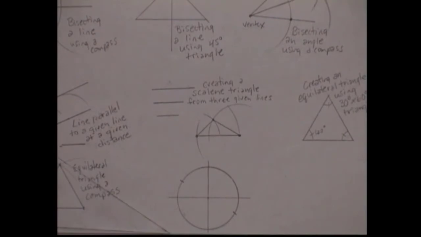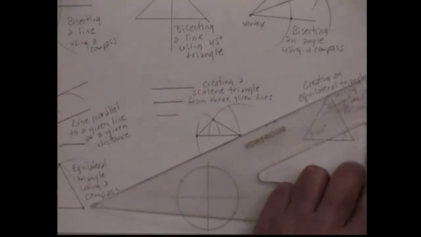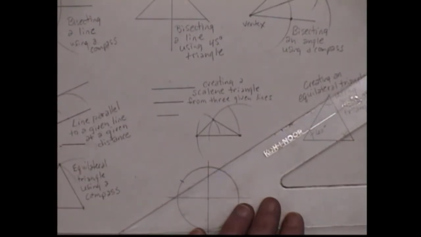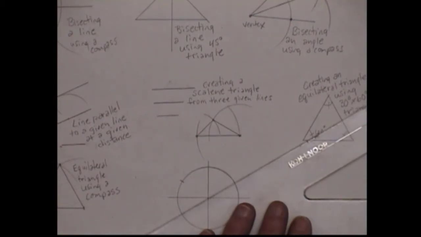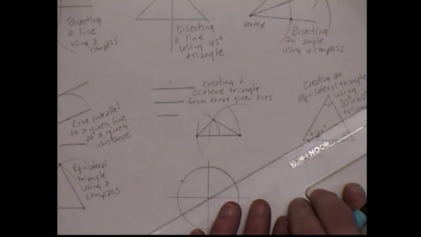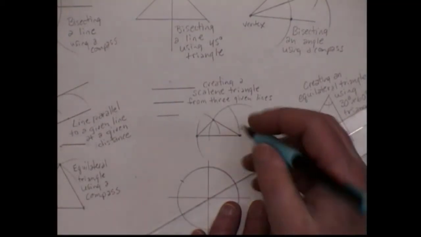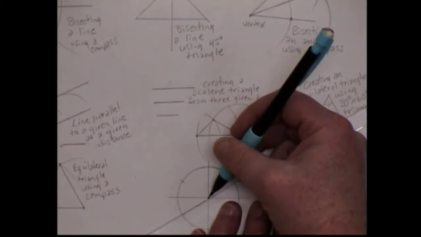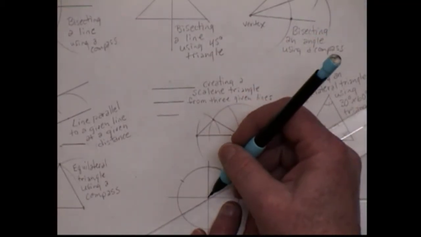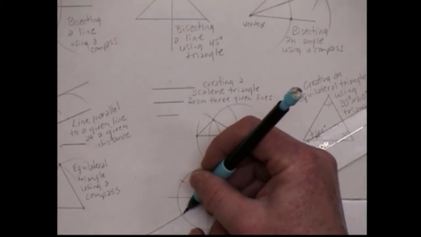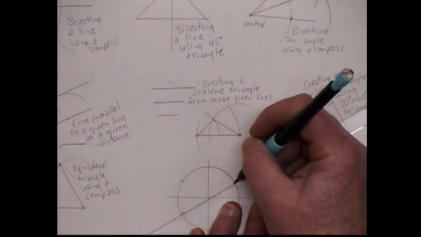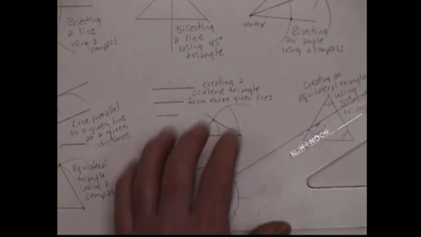Then I'm going to flip my triangle over so I can use the 30 degree on that side and do the same thing on this side. I'm making it flush with my center point, and I'm just putting a little measurement point on both sides.